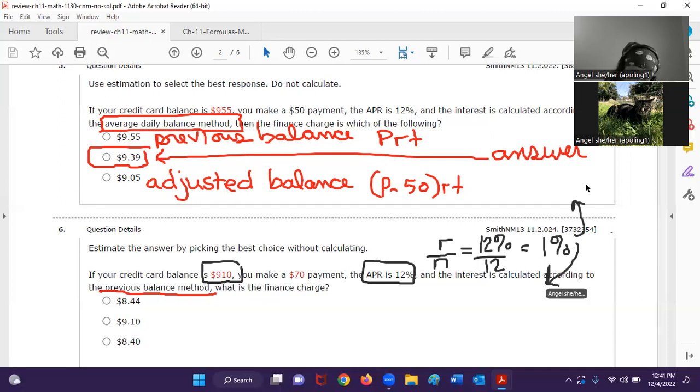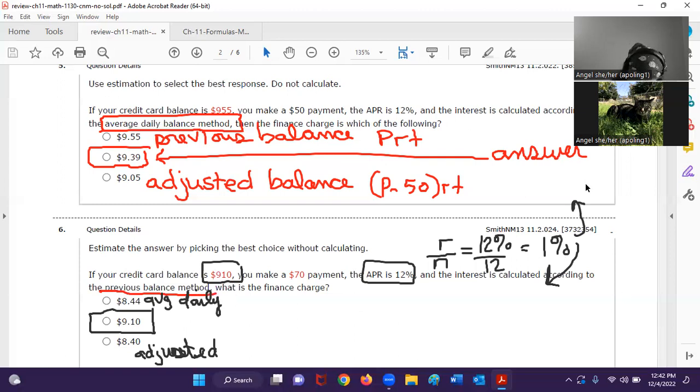So 1% of this value, if we use the previous balance method, is 9.10, where then the 840 would be the adjusted and the 844 would be the average daily balance.